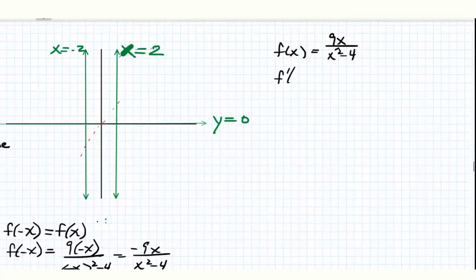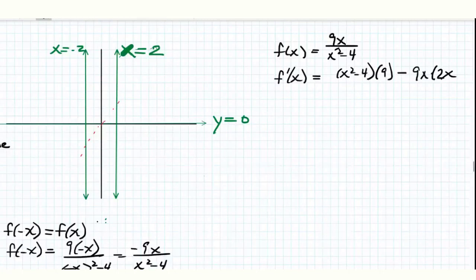So f prime of x is going to be the bottom, x squared minus 4, times the derivative of the top. The derivative of 9x is 9, minus the top, which is 9x, times the derivative of the bottom. The derivative of x squared is 2x, and the derivative of negative 4 is 0. So we're just going to get 2x. And then we're going to divide that by the bottom squared.